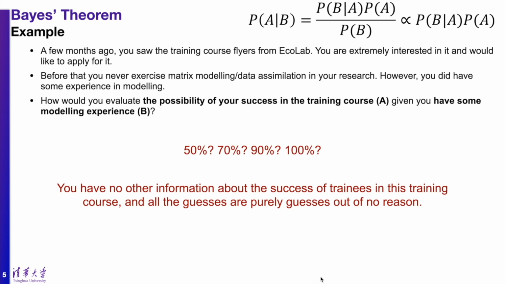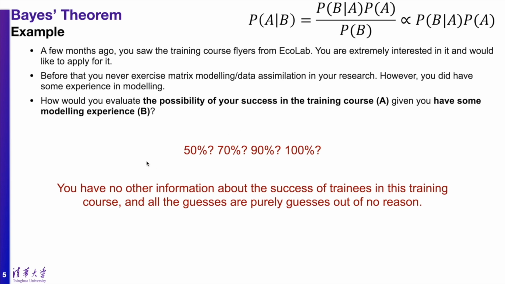So here is the question. You may be wondering what's the probability of your success in the training course given you have some modeling experience. Intuitively, different individuals may have different guesses, for example, a 50% or even 90% chance of success.